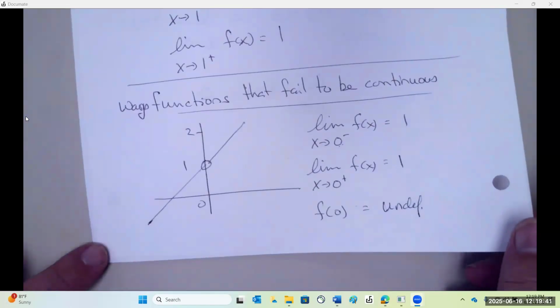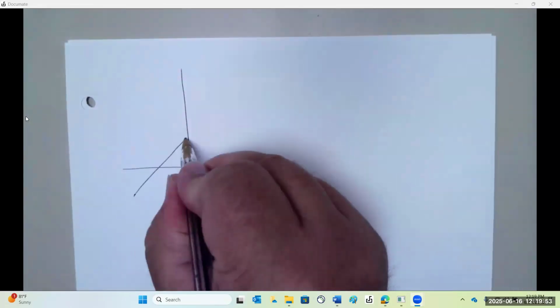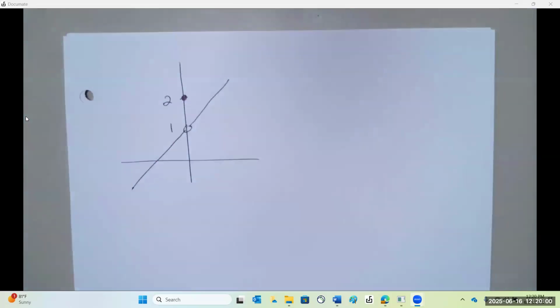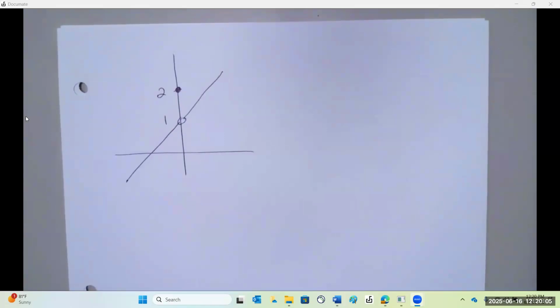What if we had a removable discontinuity? Because we're going to see how we can fix those later on. Is it continuous at 0? Can we make it continuous at 0?